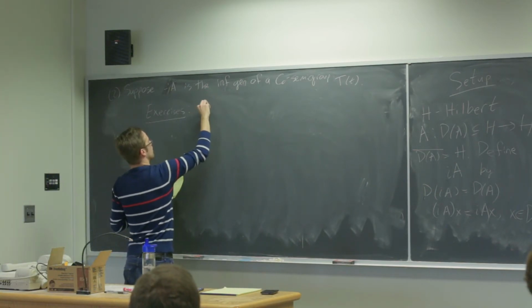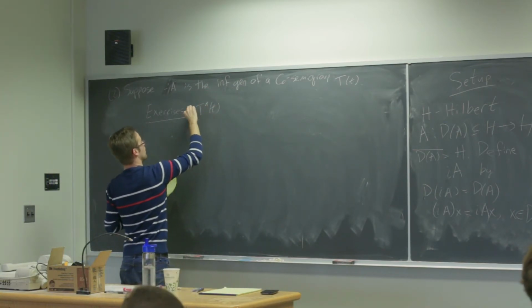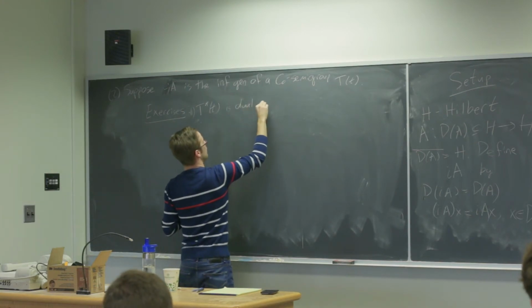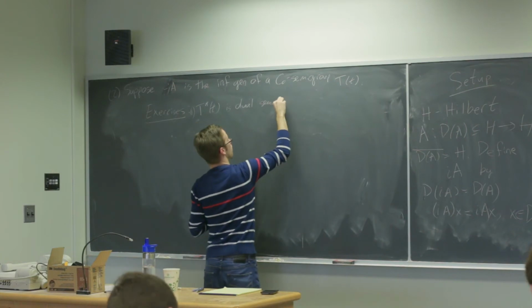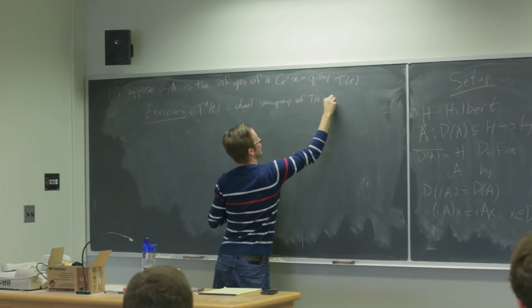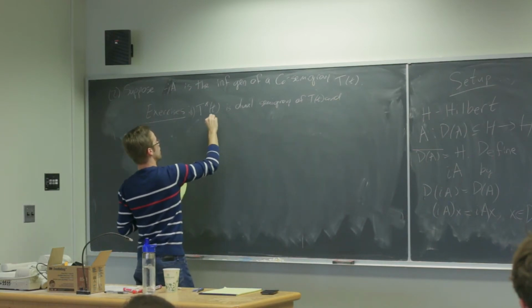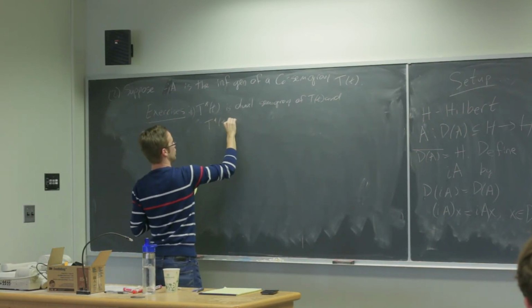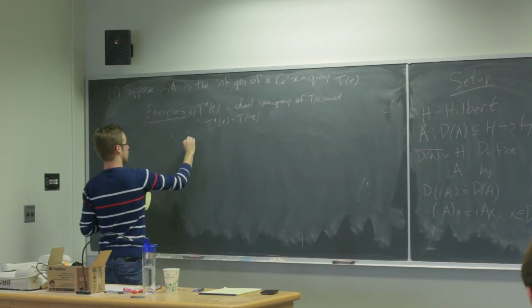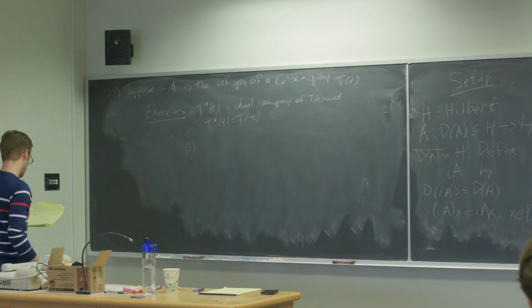So T*(t), the first one is the dual semigroup, whatever this may mean, of T(t). And for each t positive, T*(t) is actually equal to T(-t). There's the first exercise. Pretty straightforward.